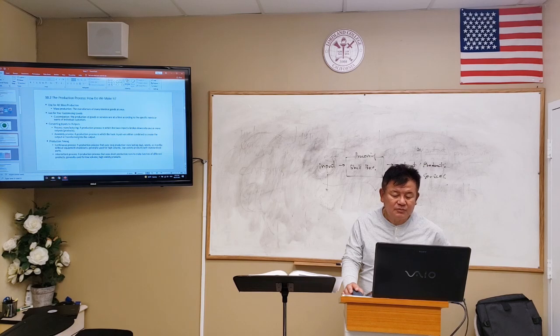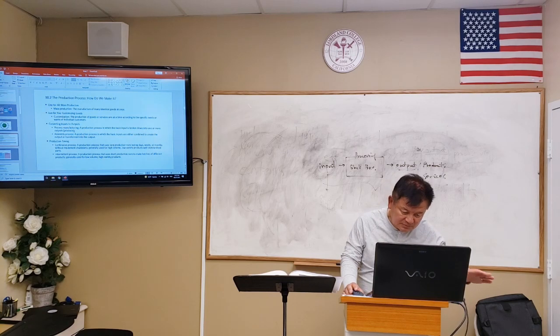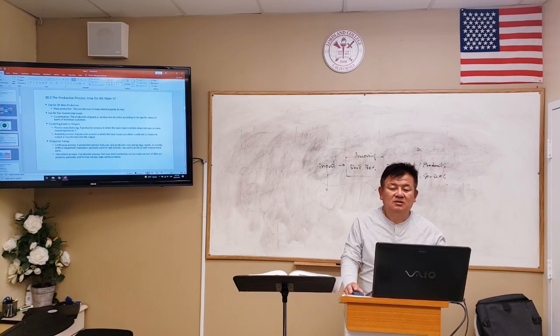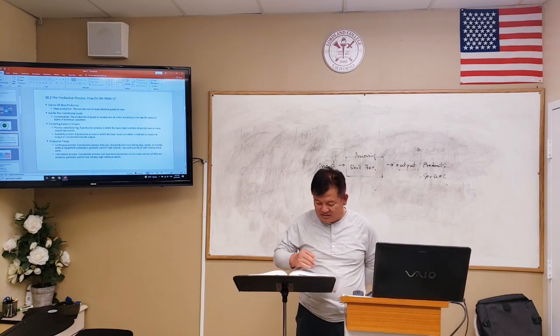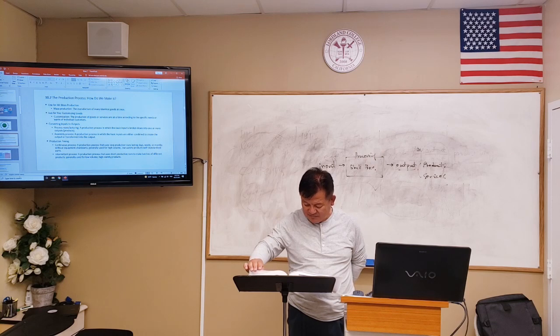And the assembly process, as we know, the assembly line: a production process in which the basic inputs are either combined to create the output or transformed into the output. So process manufacturing or assembly process. This is for converting input to output. Okay, this is an easy concept.